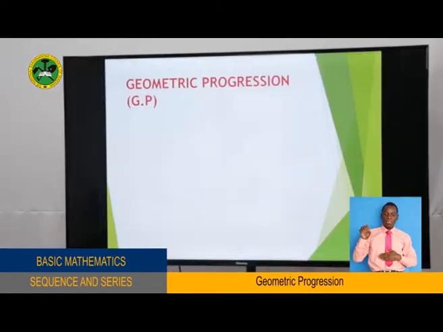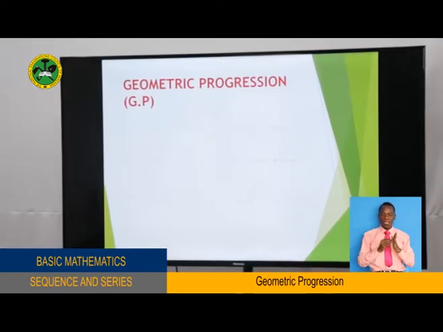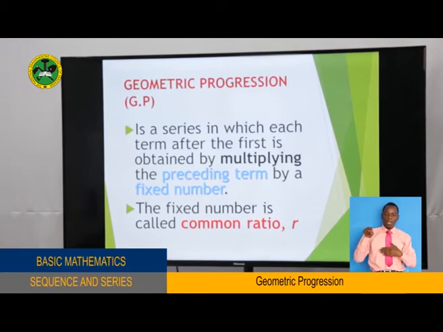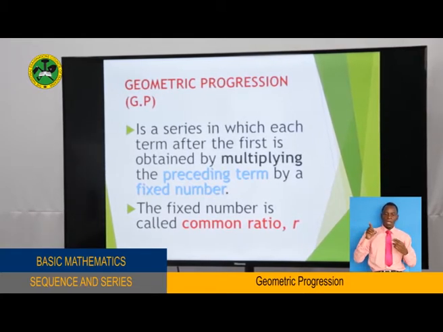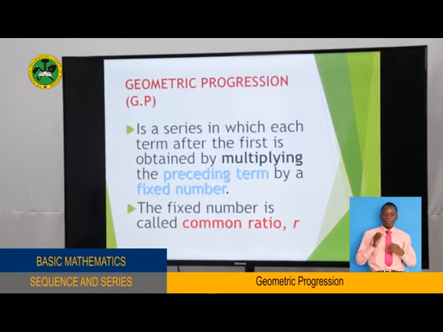Now, dear student, we are starting with the meaning of geometric progression. In mathematics, we define the geometric progression as a series in which each term after the first is obtained by multiplying the preceding term by a fixed number.